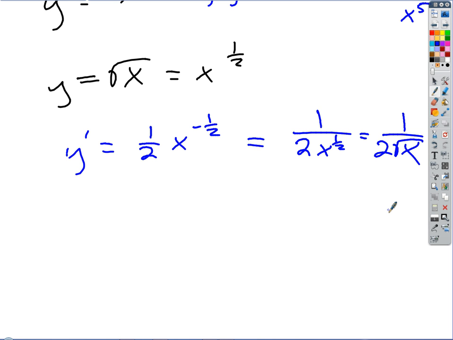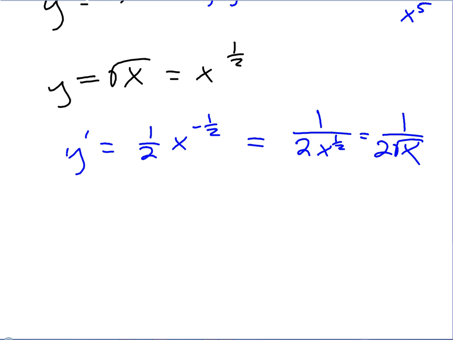Okay, let's do another one. So we got derivative of a constant we did yesterday. We got the power function. One more I want to do with this too. Here's the neatest. What if I have y equals x to the 1? Does the power rule work for, what's the derivative of x? Remember from when we talked about that earlier?